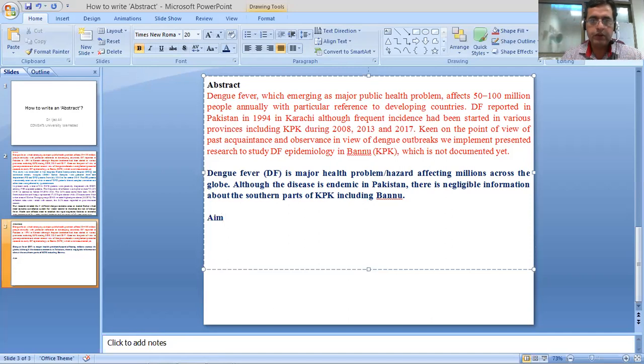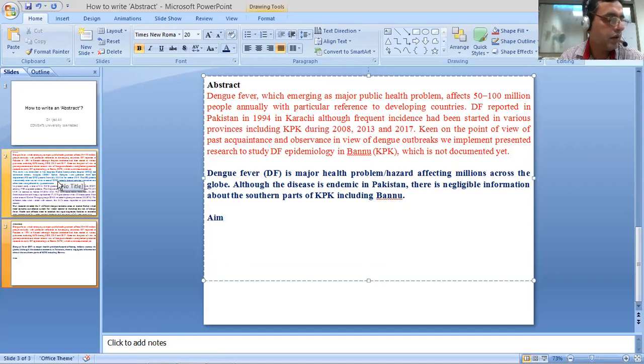Most of the students are not stating the aim of the study, but you can state here very clearly what the aim of the study was. In this case, this particular student has not given the aim of this particular study, but I would add that you can further write that the aim of this study was to find out, or to figure out, or to investigate, or to analyze.